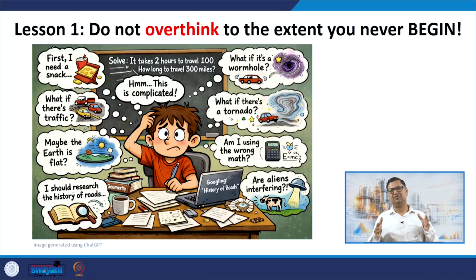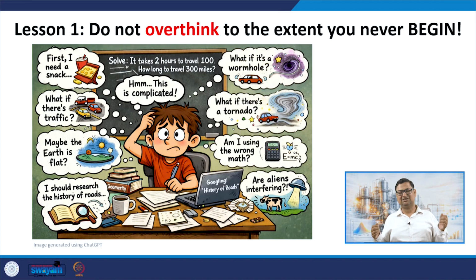So this is one common mistake that we always begin doing whenever we are posed a mathematical problem or a modeling problem, right? Like, what will happen if this is going on, what will happen if that is going on? Maybe you are hungry, but more than that, what if there is traffic, what if the earth is not completely flat, the earth has a curvature, and I should go back and read about roads.